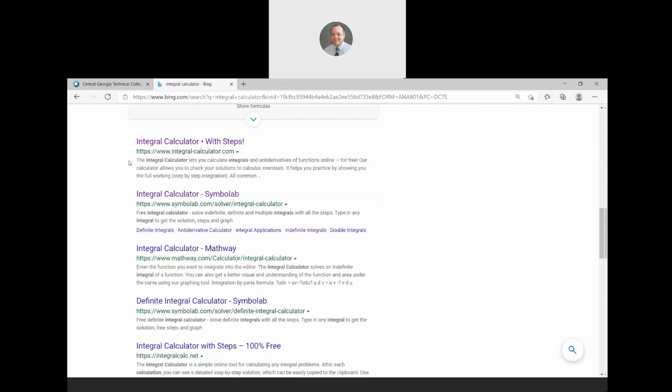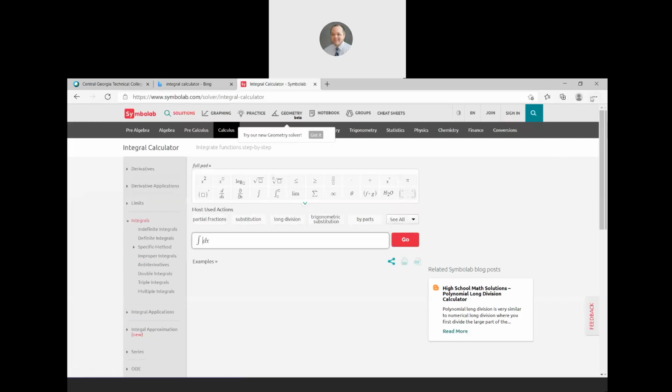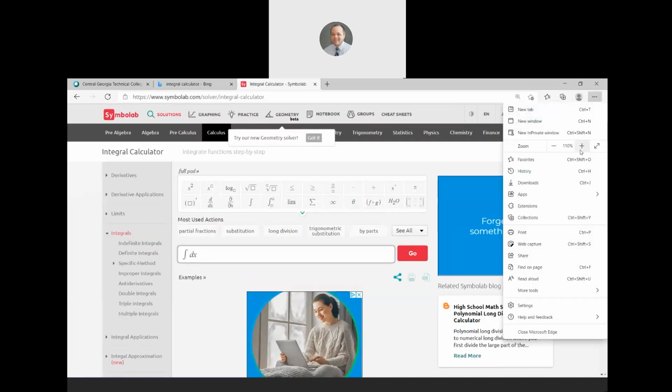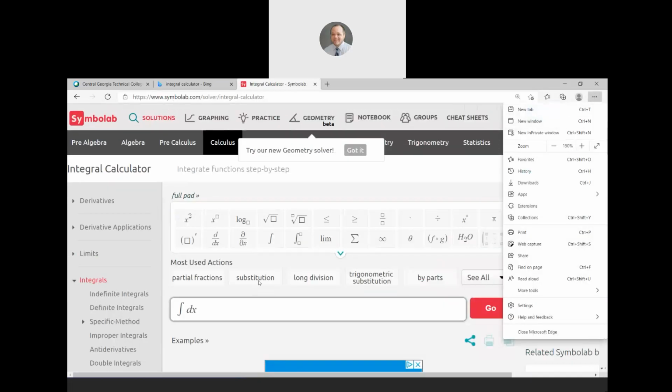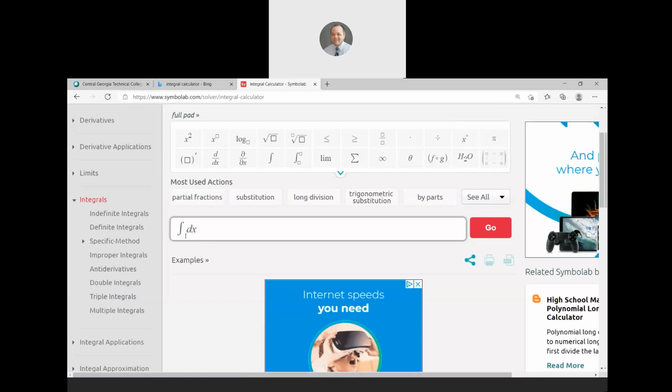Can you see the web browser okay? Yes, sir. Okay. Symbolab is a good one. It's reliable. Let me enlarge this just a bit. The integral sign and dx are already there.